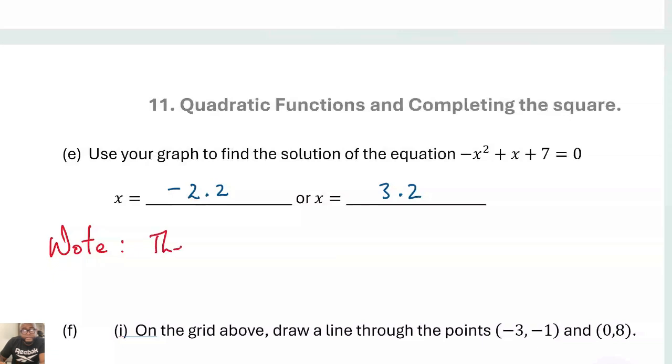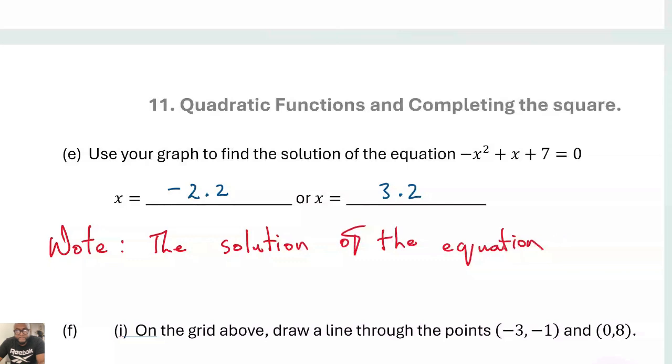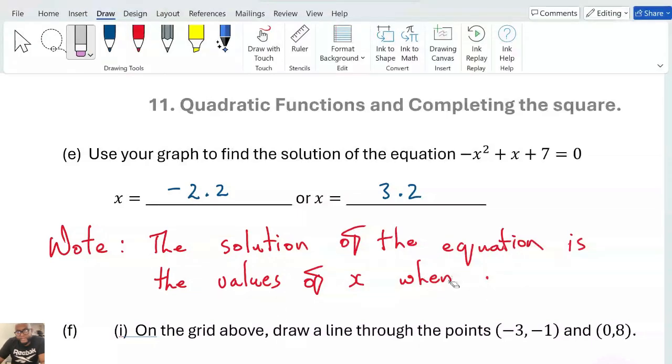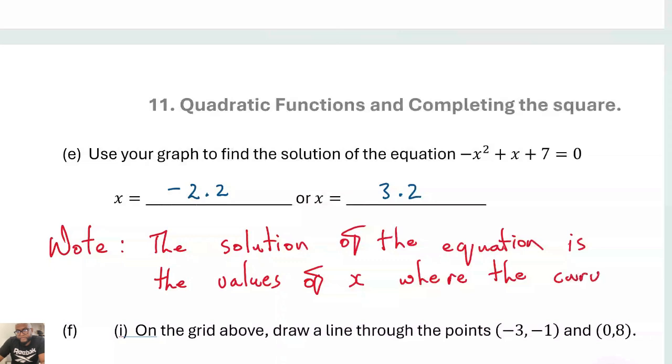Note: the solution of the equation is the values of x where the curve cuts the x-axis, right?